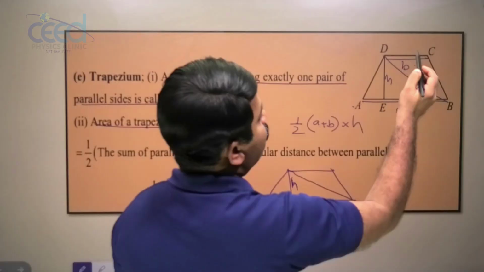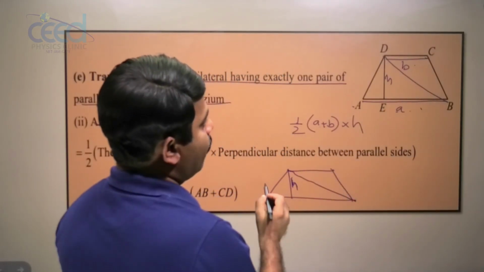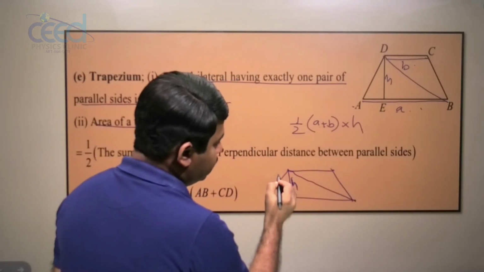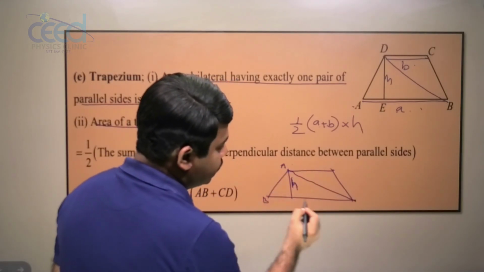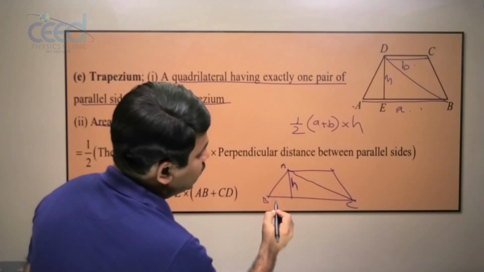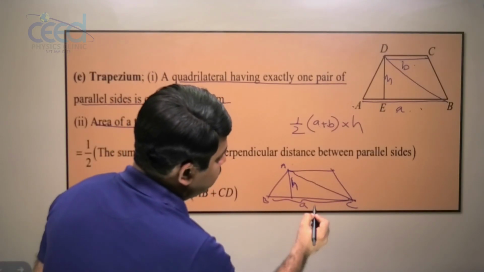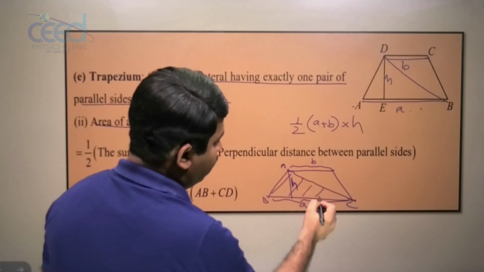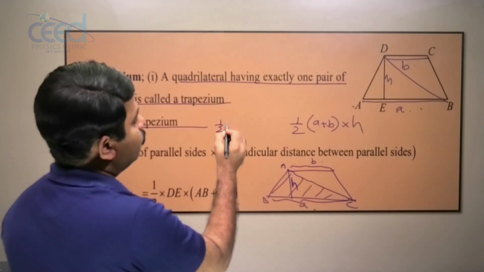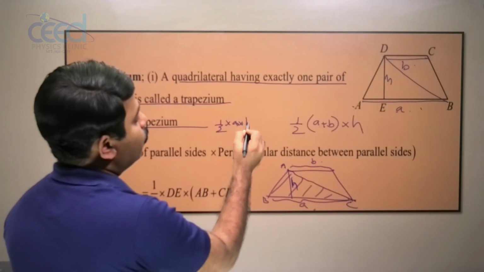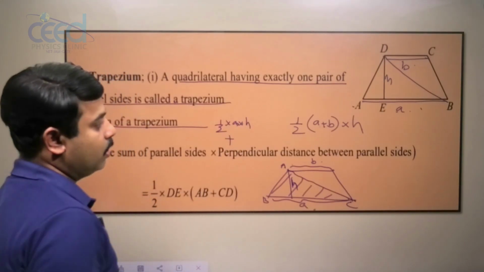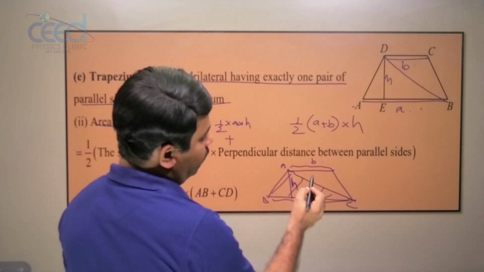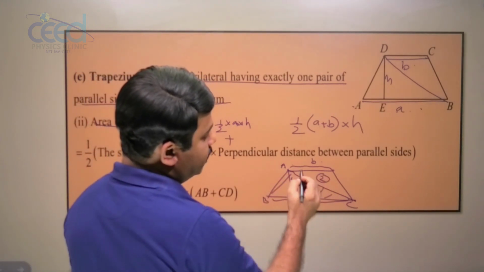Now half into B into H, see this triangle. This is ABC, so say this is parallel side A, this is parallel side B. Then this triangle's area is half into A into H plus the second triangle's area. Regarding the second triangle, what is the height?